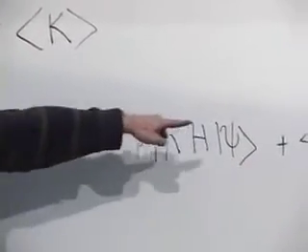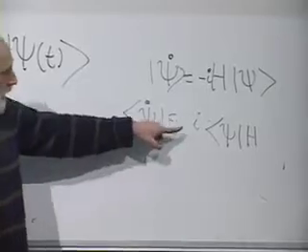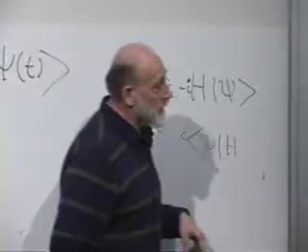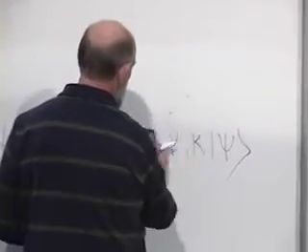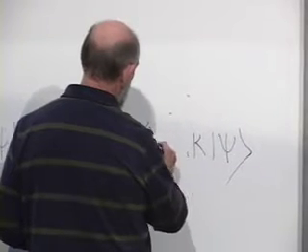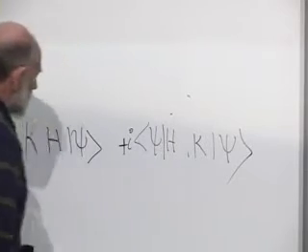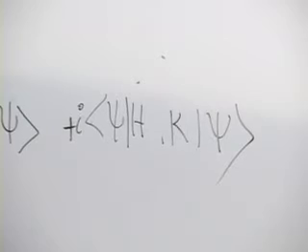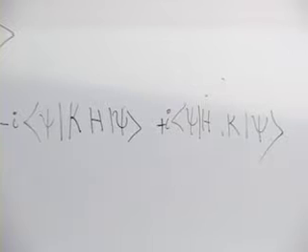Well, what about this equation over here? We use the bra vector version of it, plus i, and we have to put the h next to the psi. And I think it's plus i. Well, we have two terms which look very similar, but the h and the k come in the opposite order.